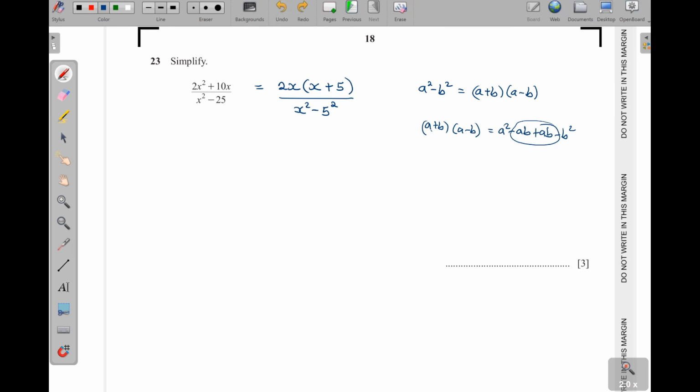So that is why we say that a squared minus b squared gives us this. So we shall have 2x here into x plus 5, then out of this is x minus 5, then times x plus 5. So this one will cancel with this, and then our answer becomes 2x over x minus 5.